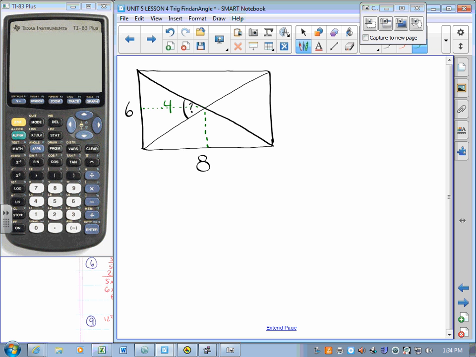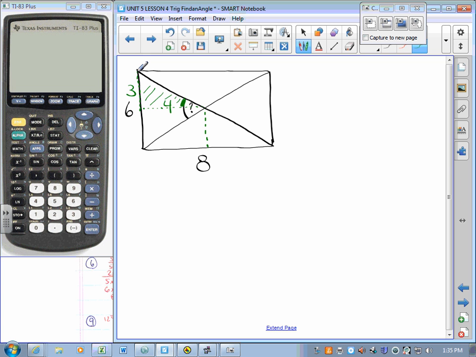And how big would that green dotted segment be? Well, that'd be 3. And so I think we can do the same kind of thing we did with the rhombus. We can look at this triangle here, get a green acute angle, and double it.